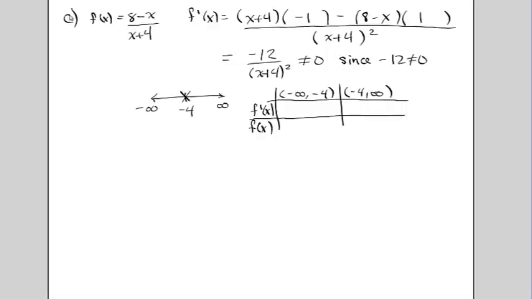If we plug any value from the first interval into the first derivative, we get a negative answer, which means the graph is decreasing on that interval. Any value in the second interval is also negative, which means the graph is still decreasing. In this case, there are no relative extrema.